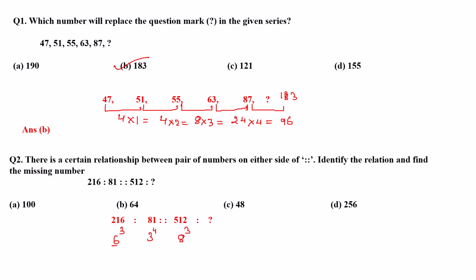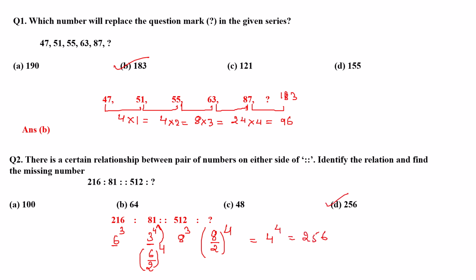Now, is there any relation between 6 and 3? I know that if I take half of 6, I will get 3, isn't it? So 6 by 2 gives 3, and that to the power 4 is 81. Same way, what is half of 8? Half of 8 is 4, and to the power 4. If I follow the same pattern, it will become 4 to the power 4, and that will give me 256.